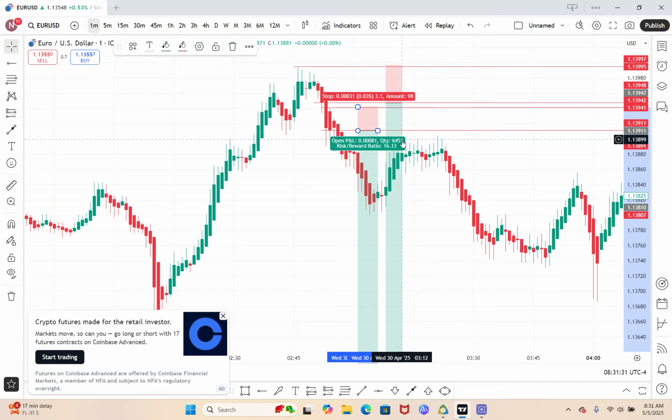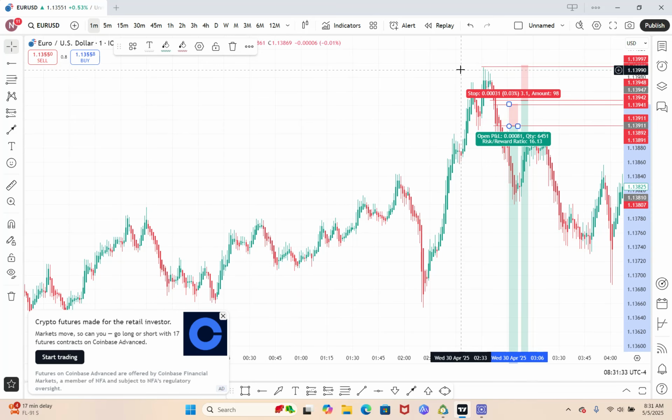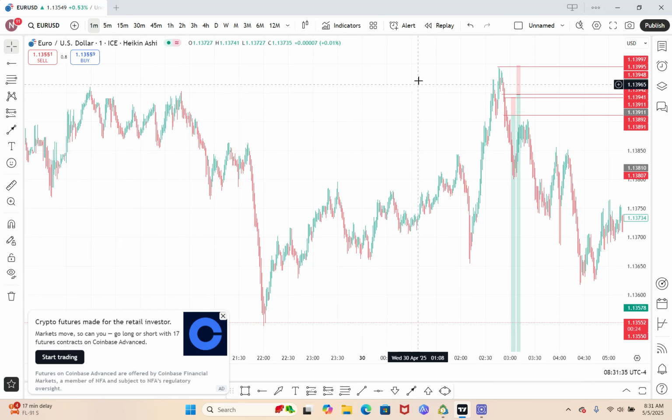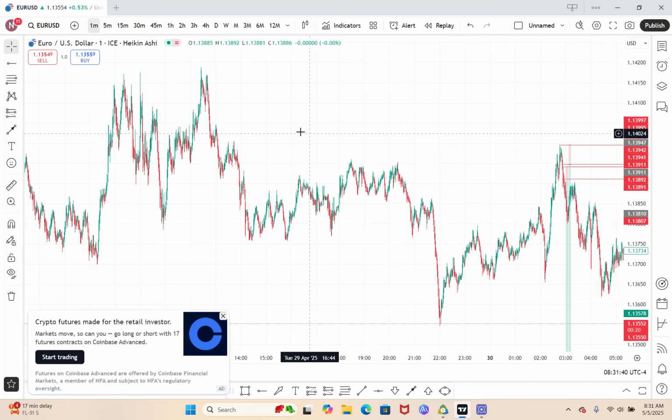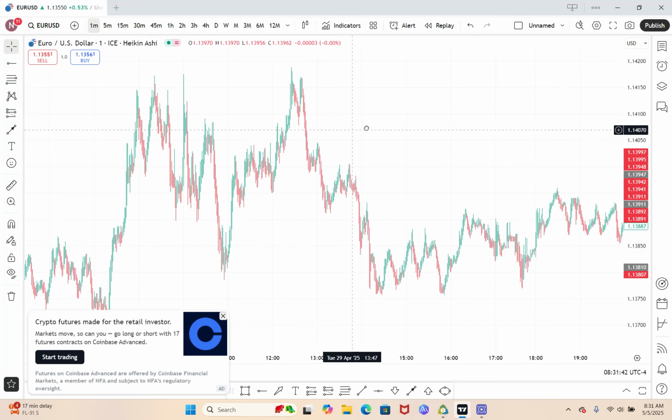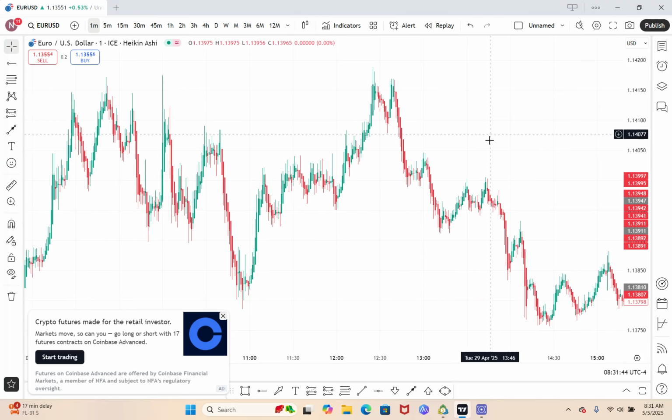Go back to TradingView. So we want to go above this area. Look above this area to see if there's any area where sellers were in control of the market.